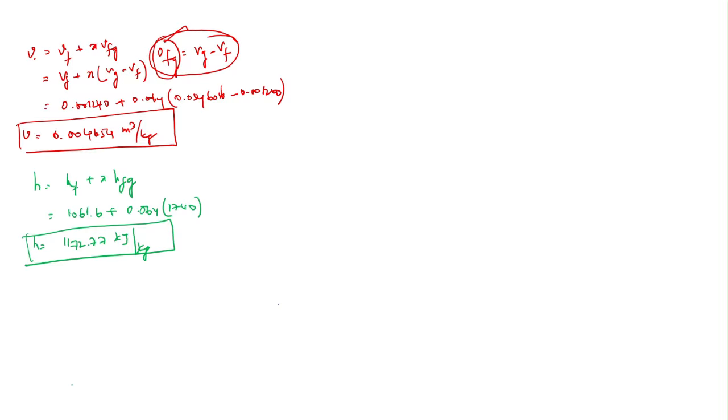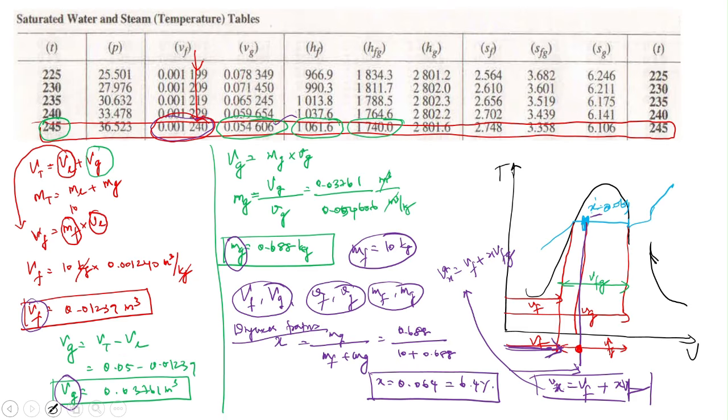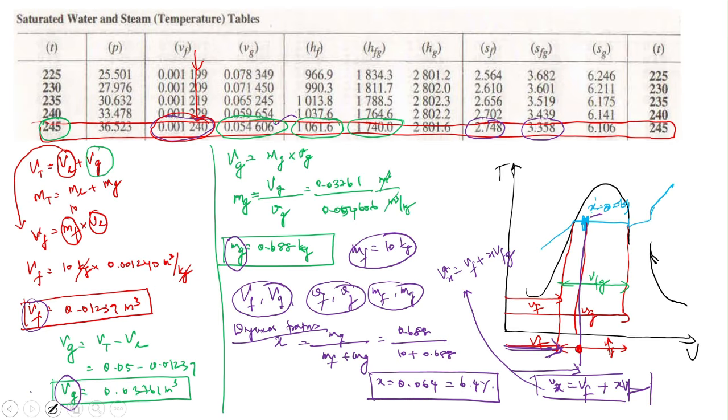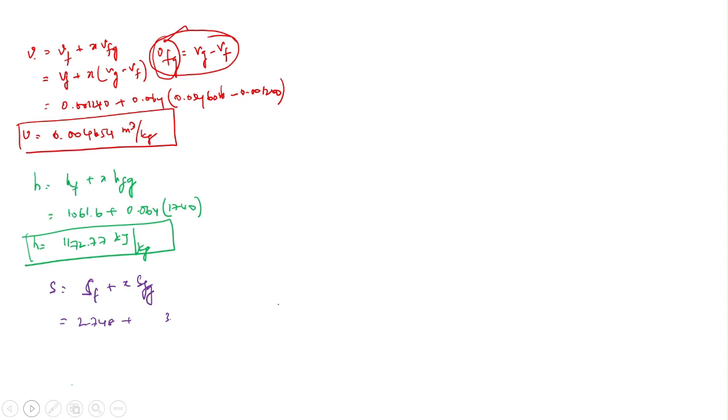Similarly, you can find the S. So S is equal to Sf plus x into Sfg. Here Sf is equal to 2.748, Sfg is equal to 3.358, and x is equal to 0.064.